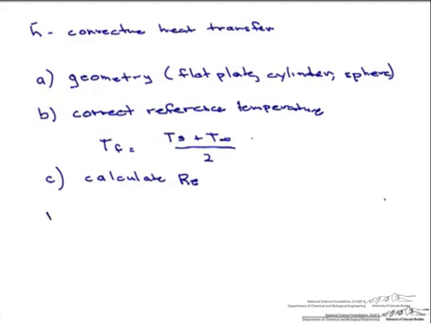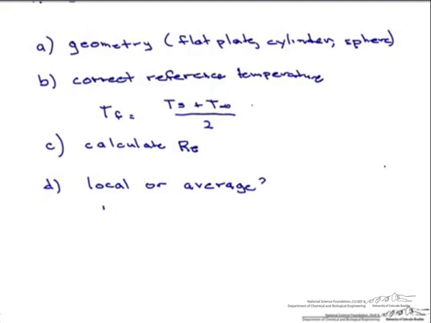The next question to ask yourself is, do we need a local or do we need an average heat transfer coefficient? If you look at how they're actually written out, the local heat transfer coefficient is just h or h sub x, so it's appropriate for any x. The average coefficient has a bar over it.